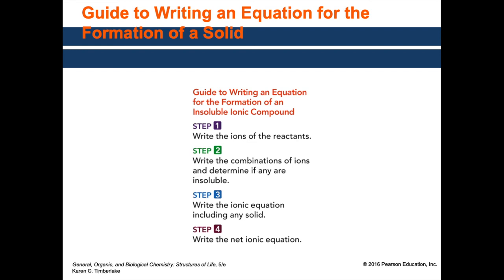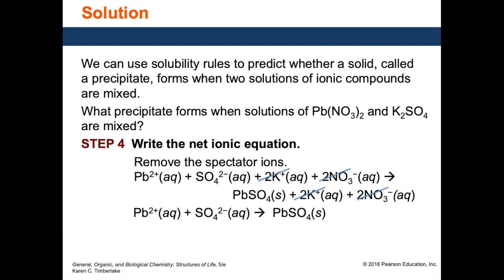Okay, but then to write out the ionic equation, all you've got to do is split up those ions and write them out separately. In the net ionic equation, you want to just take out those spectator ions. Okay, so we just cancel them out on both sides, and what we have left behind is called the net ionic equation.